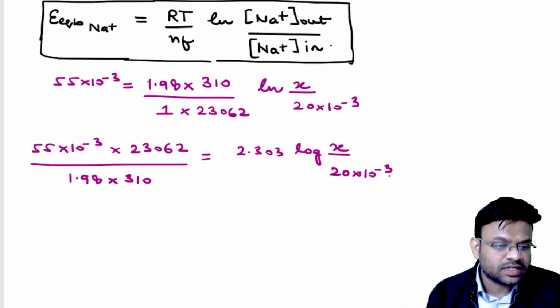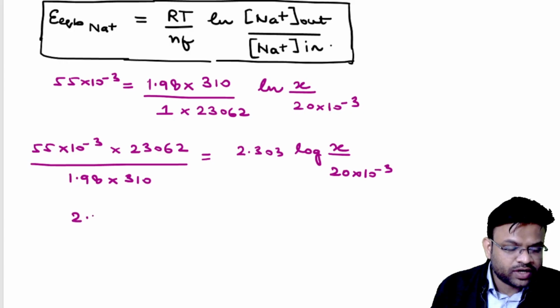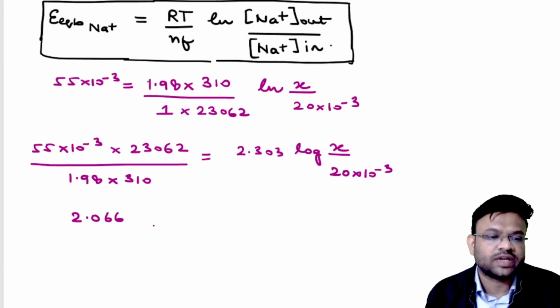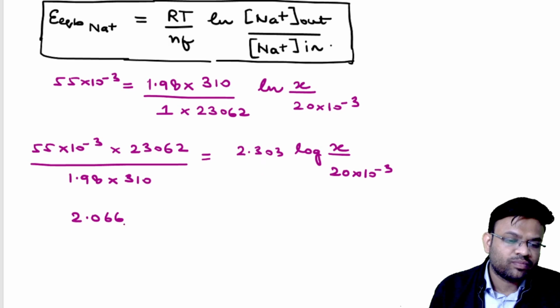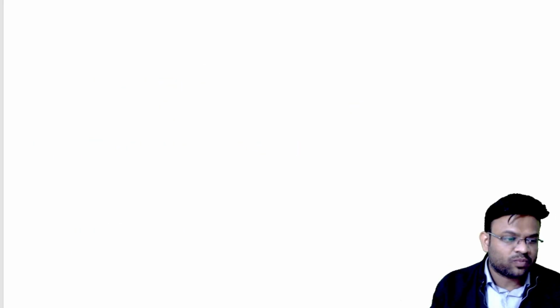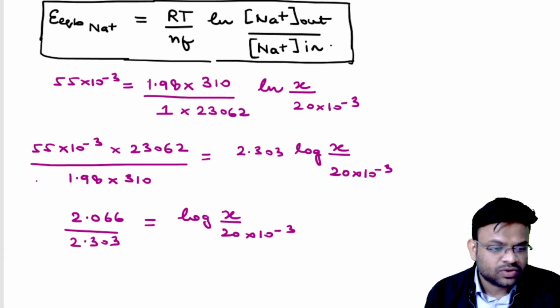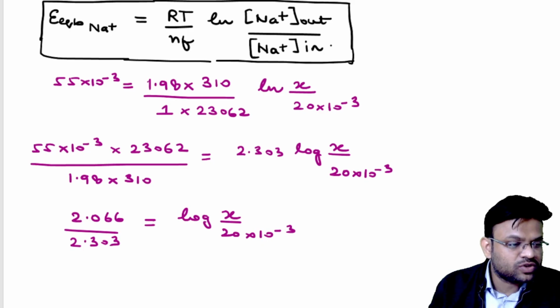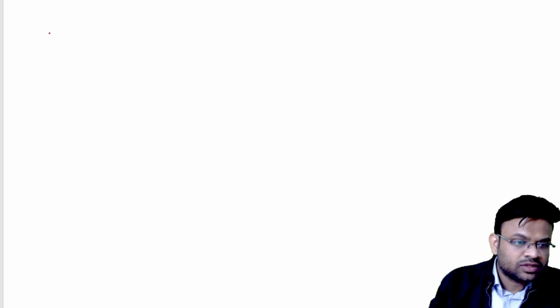If I solve whatever is on the LHS, it comes out to be 2.066. This is what I had calculated, and then you can bring 2.303 down over here. It will be equal to log of X upon 20 into 10 to the power minus 3. Now I'll just add one page like this. So obviously 2.066 upon 2.303 will be equal to 0.897. Let me write it down.